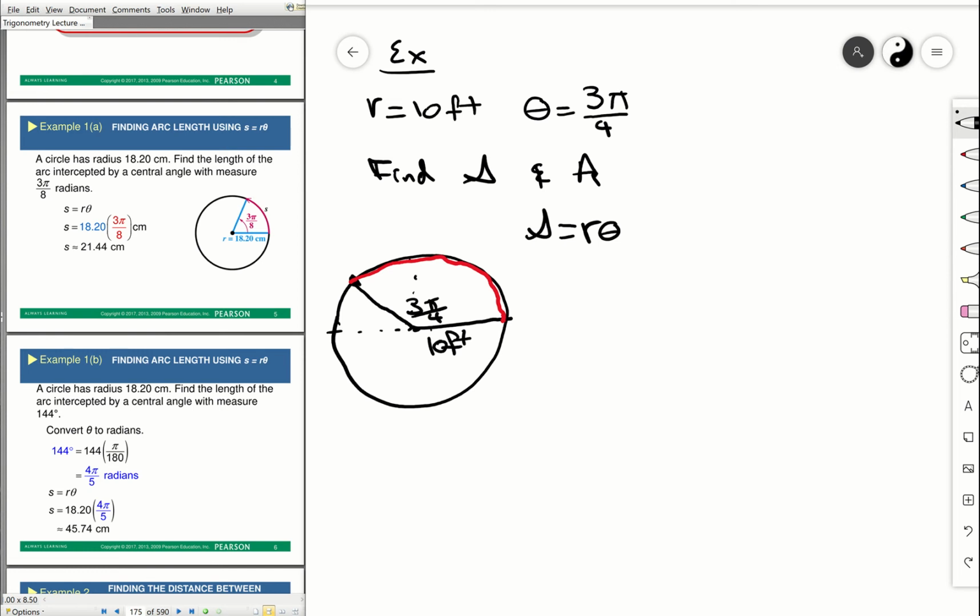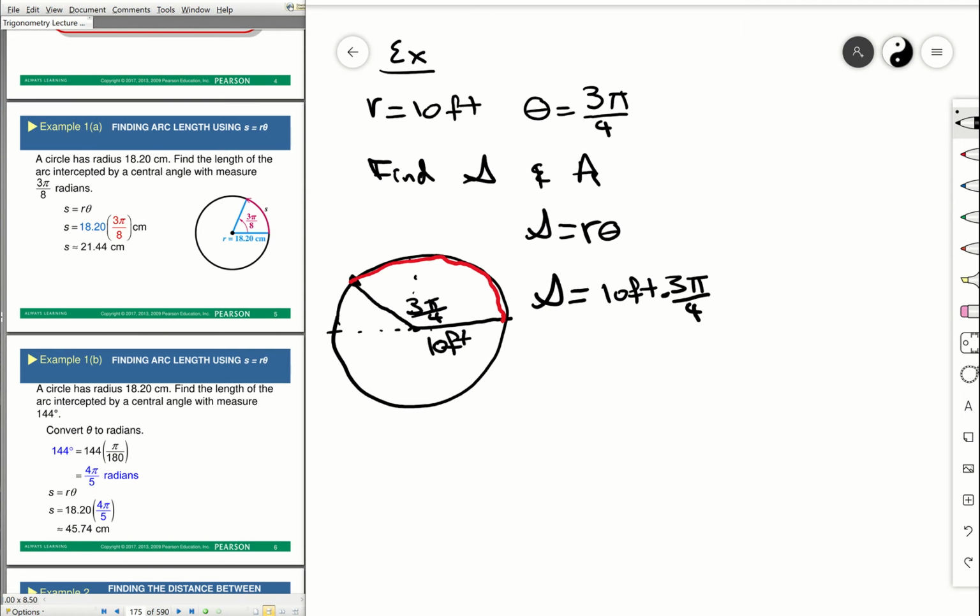Now we're just going to simply plug in, and we end up with S equals, for R we have 10 feet, and for theta we have 3 pi over 4.